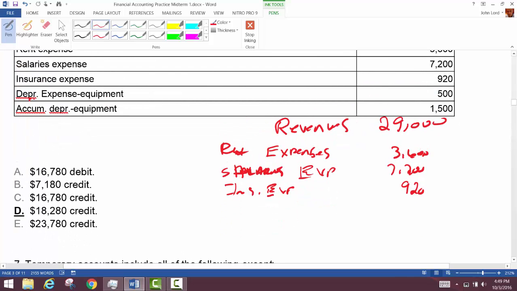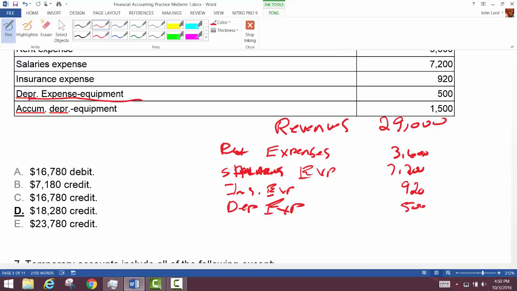Well, do I have to close my expense accounts? I have to close my expense accounts. I have to close depreciation expense, don't I? Right. So I pick up depreciation expense, and that's what, 500 bucks? Okay. I don't close accumulated depreciation. Accumulated depreciation rolls forward period after period, right? Remember, we've done that a couple times now.